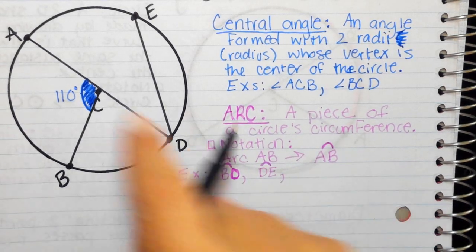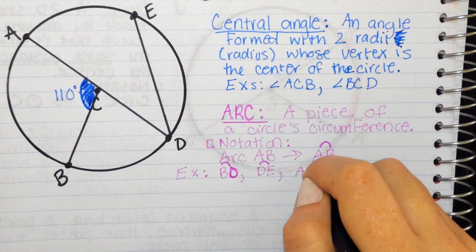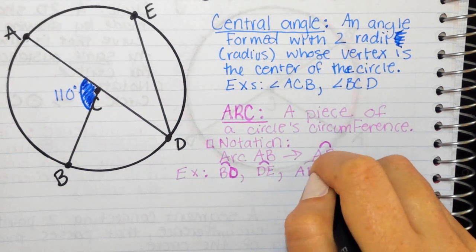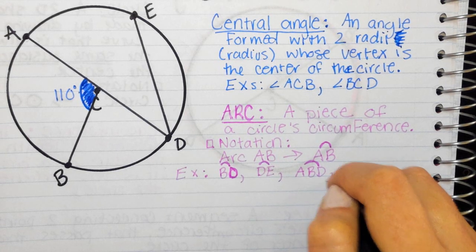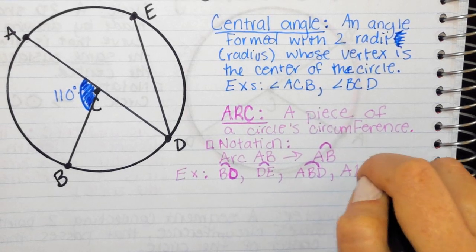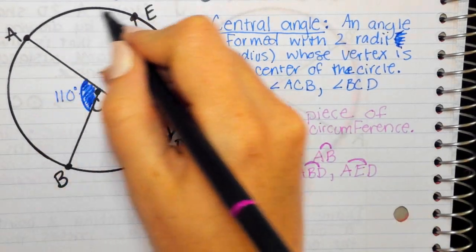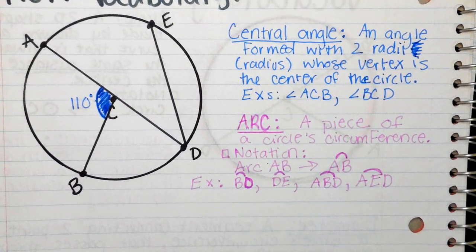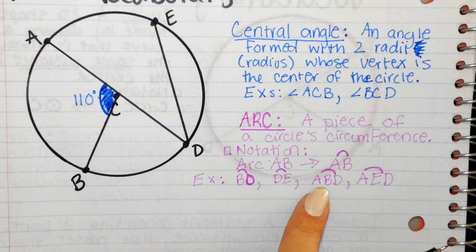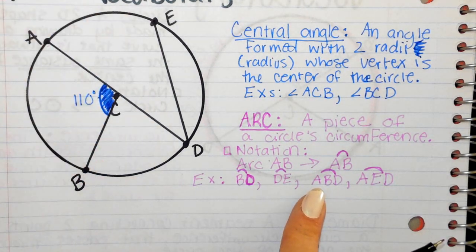We can also use 3 letters to talk about an arc. So we could call it arc ABD. We could call it arc AED. That would be the arc from here all the way to here. Sometimes the reason that you use 3 letters is to distinguish which direction you're going, either clockwise or counterclockwise.